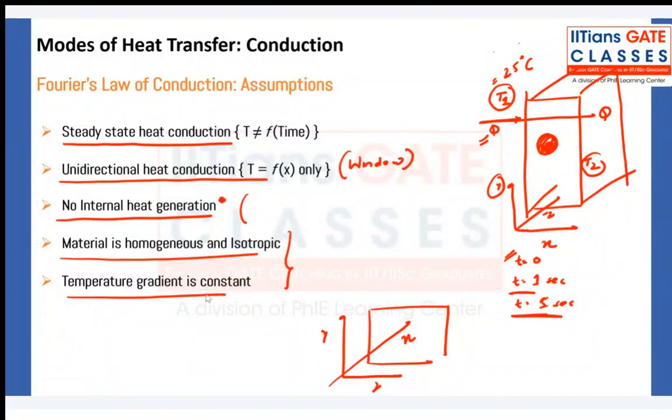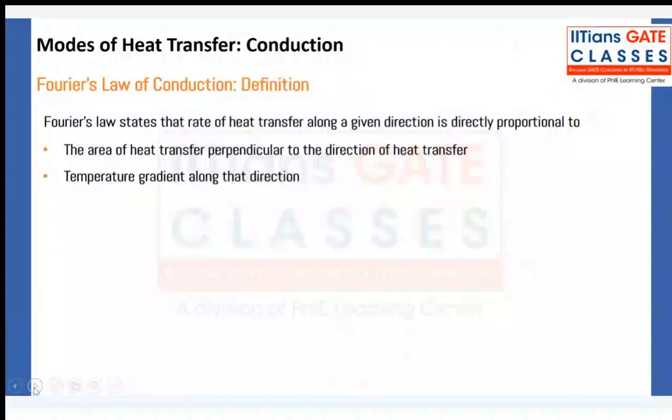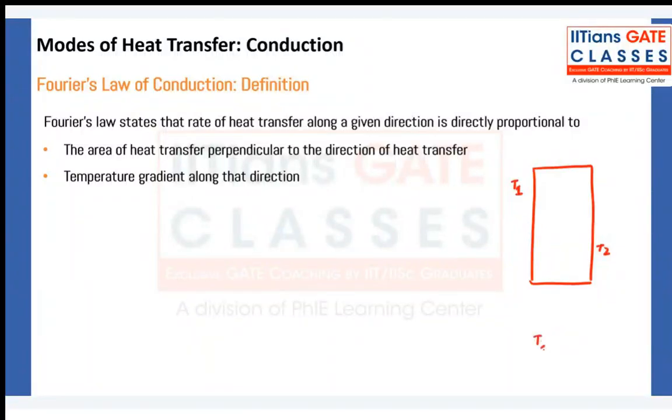Now let us come to the main part, Fourier's law of conduction. Let's draw a diagram first. Let us take a body. We are assuming that we want to maintain T1 here and T2 here, and T1 is greater than T2, because we are transferring heat from this side.